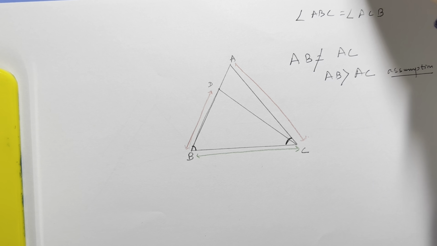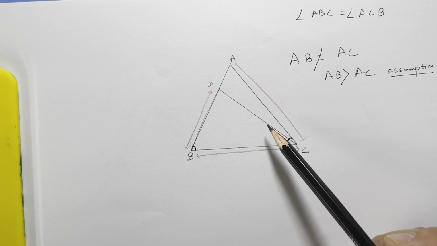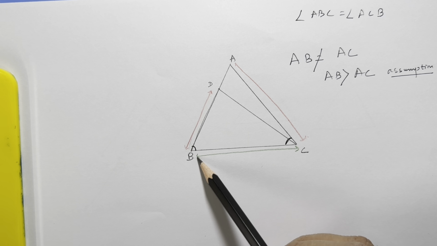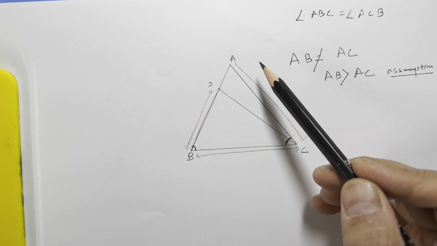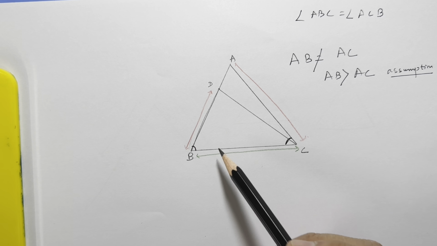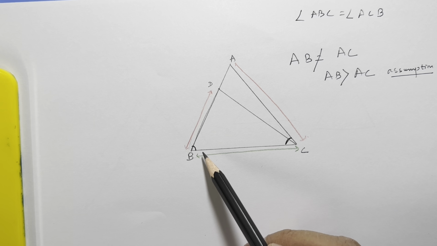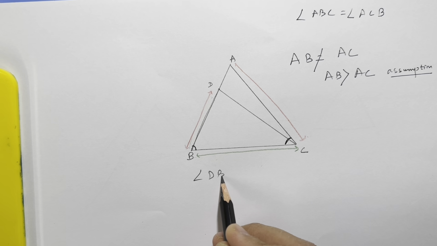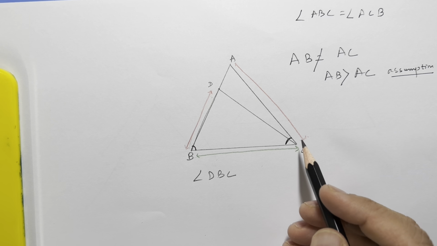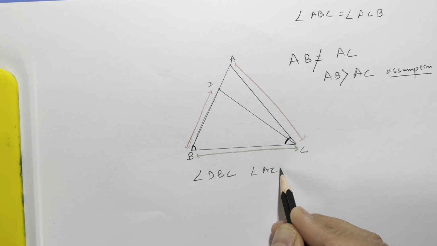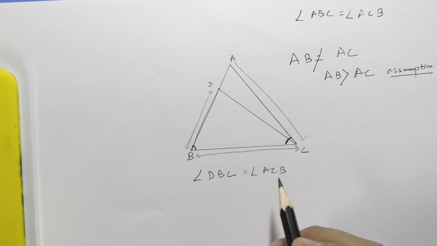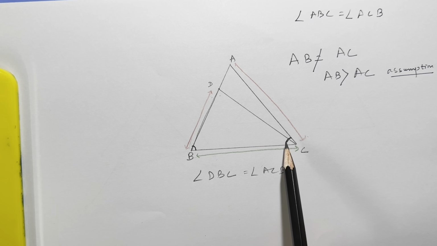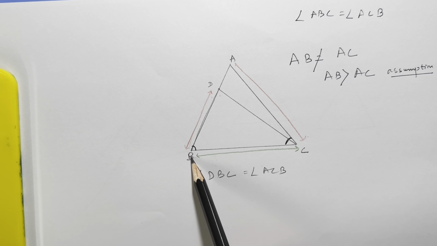Therefore, the two sides DB, BC and AC, BC will have an angle contained between them. So the angle DBC will equal angle ACB, right? And therefore DC is equal to the base AB, right?